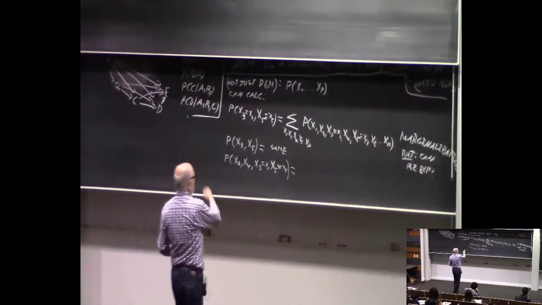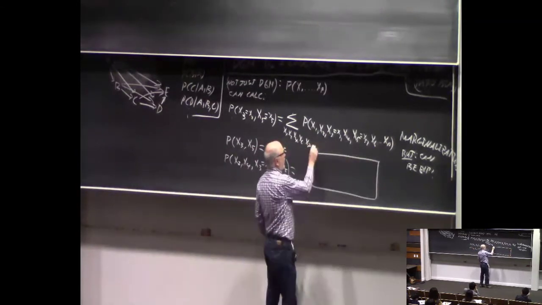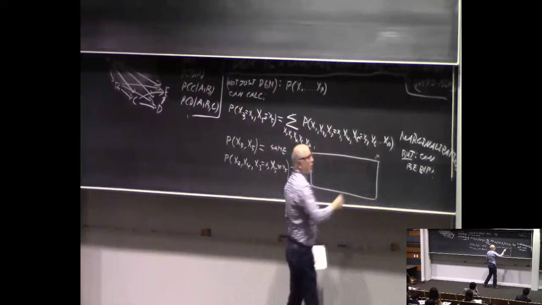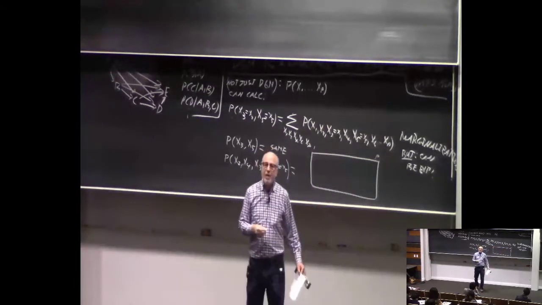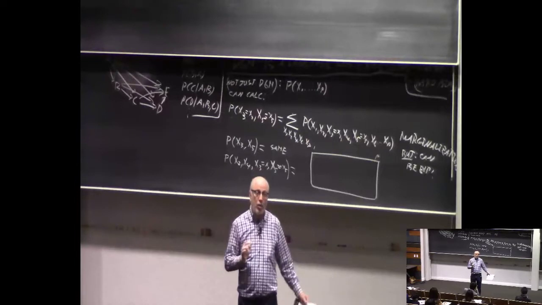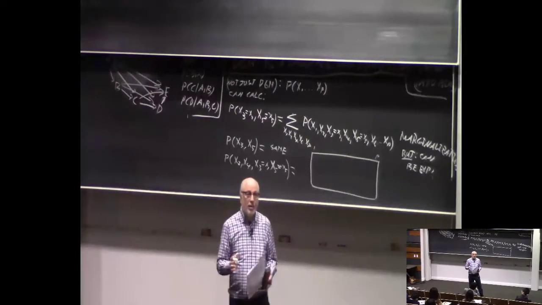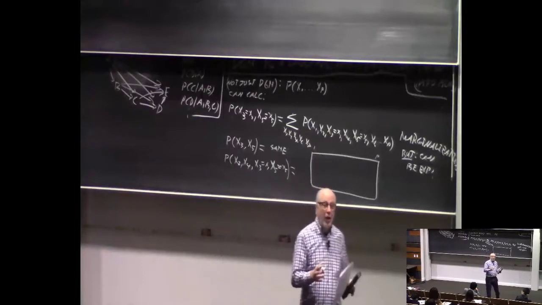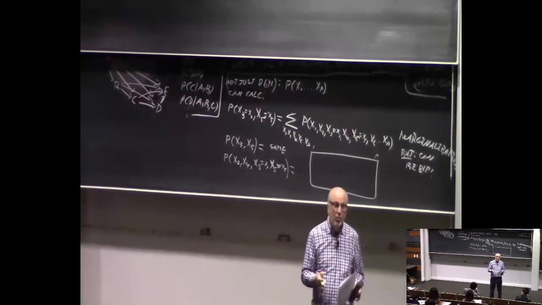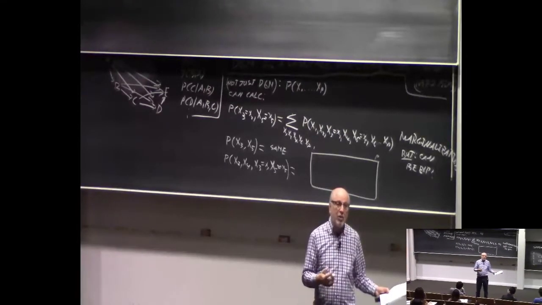A general way of looking at this is to take the set of all of your variables from 1 to p and to break them into 3 sets at any one time after you've learned the joint distribution. The set of variables you care about, the set of variables whose values you know already, and the set of variables you don't care about and you're going to marginalize over.